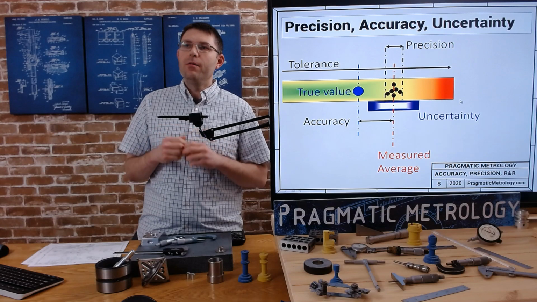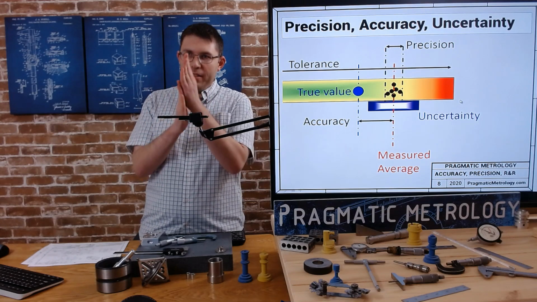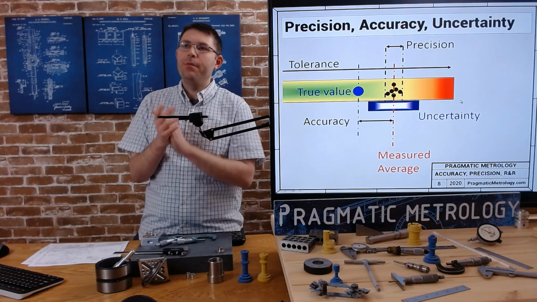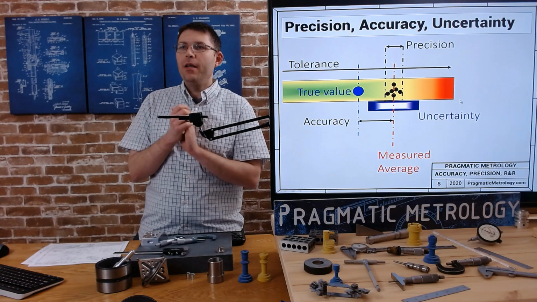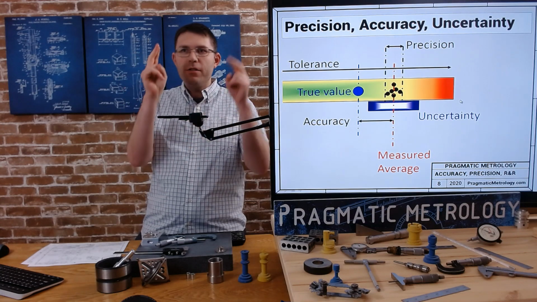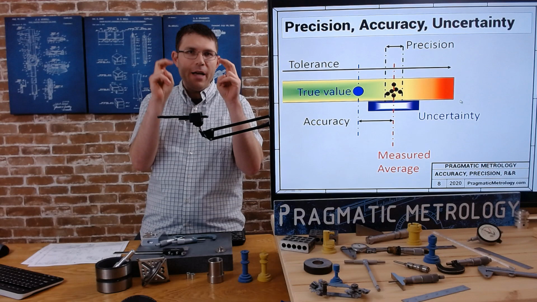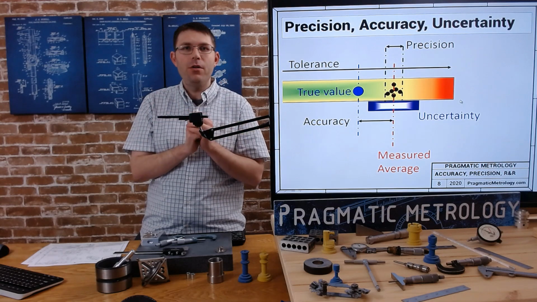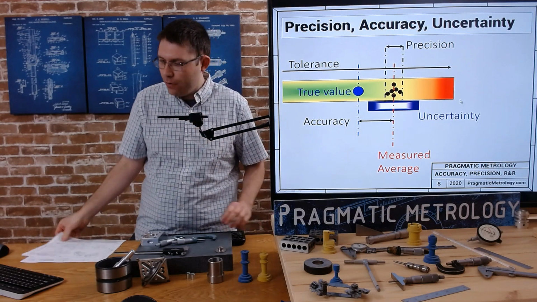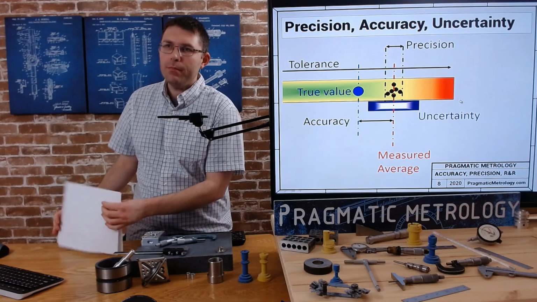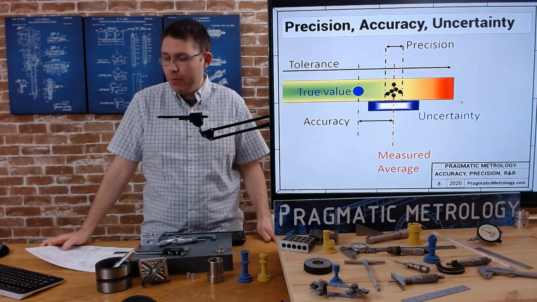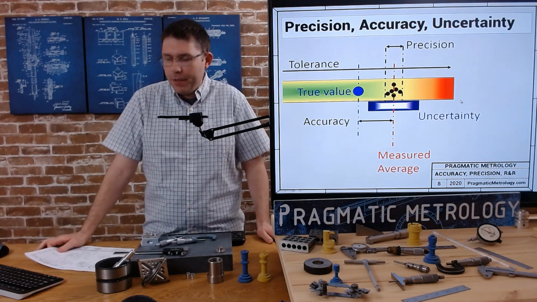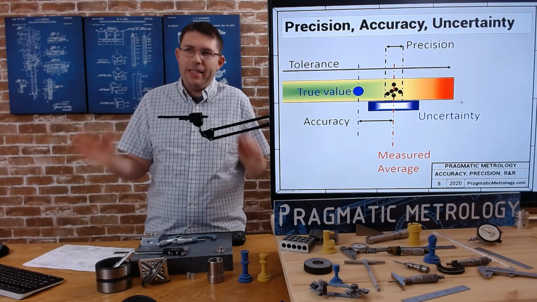And then when we talk about accuracy, the center line of that grouping would be the red dotted line there. How close is that center line to the true value, the one that we kind of know is true? Sometimes we know and sometimes we don't, but for the example, we're saying it's the true value. That's how accurate it was.